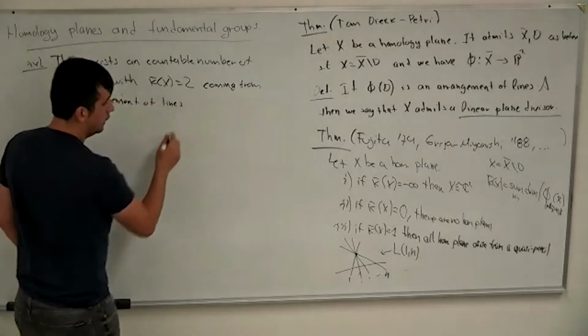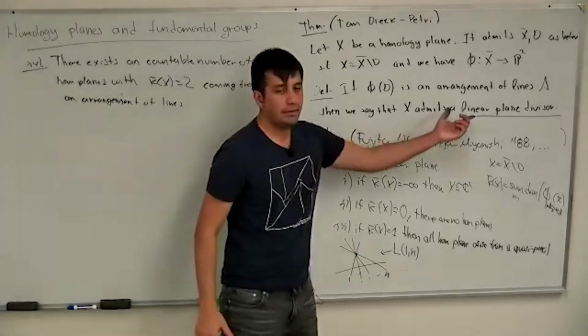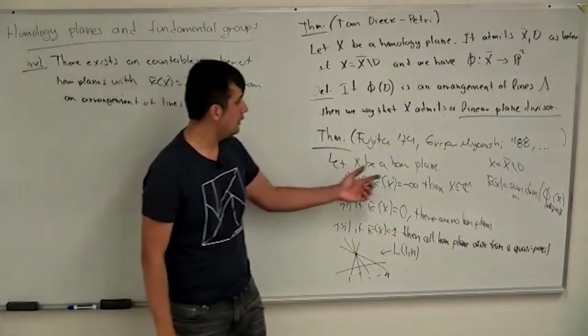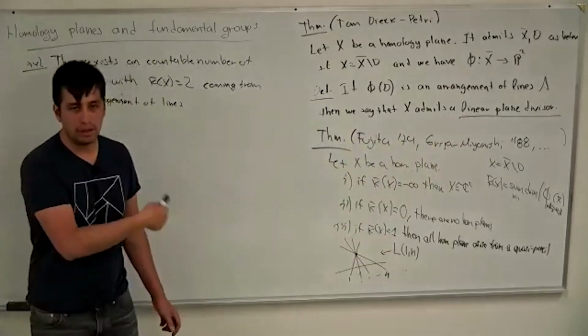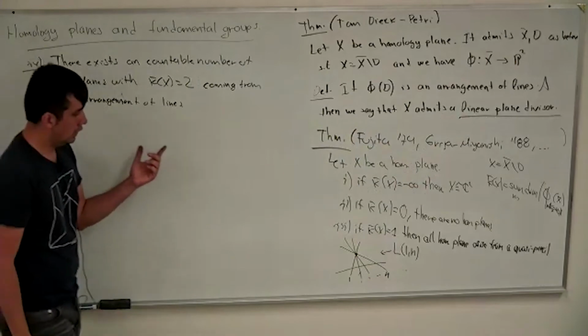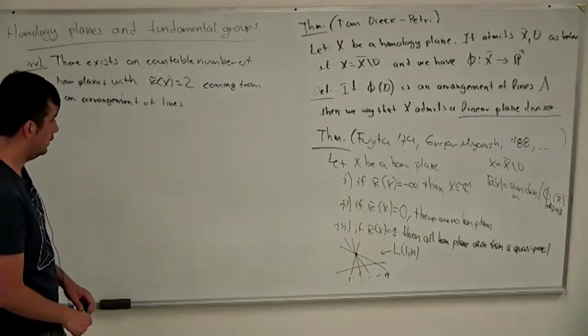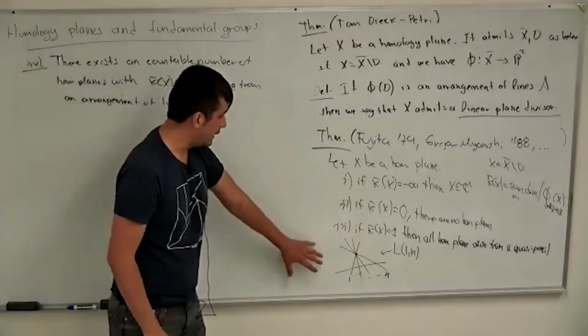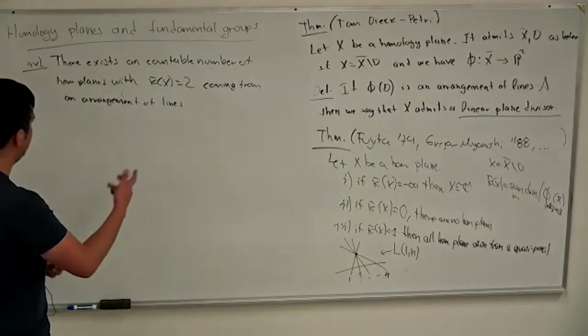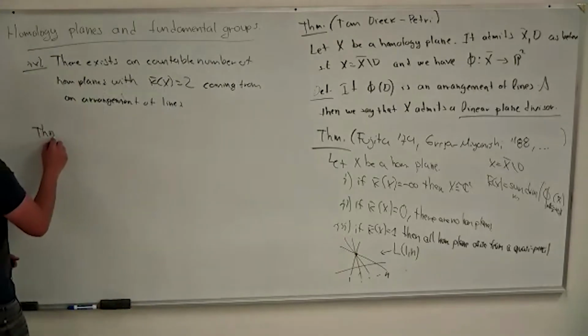So with this, I want to say that they admit a linear plane divisor, and actually Tom, Dick, and Petri gave an algorithm to compute a countable number of homology planes when you already have an arrangement of lines.